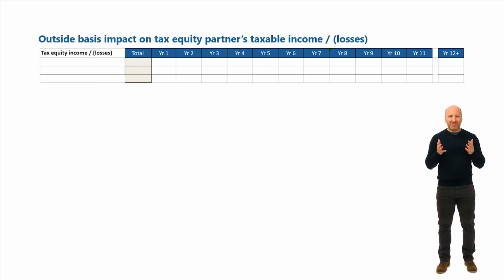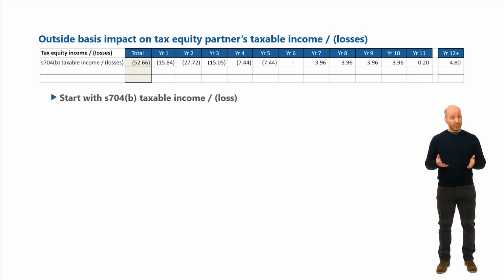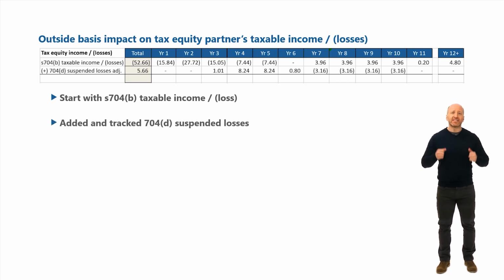So what has the outside basis calculation really done? Well, we calculated our taxable income and our losses available to the partner for purposes of their tax calculations. We start with the Section 704B taxable income or loss of some total of $52.66 million, and we added suspended losses when the account was negative, and we consumed those suspended losses when the account was positive.